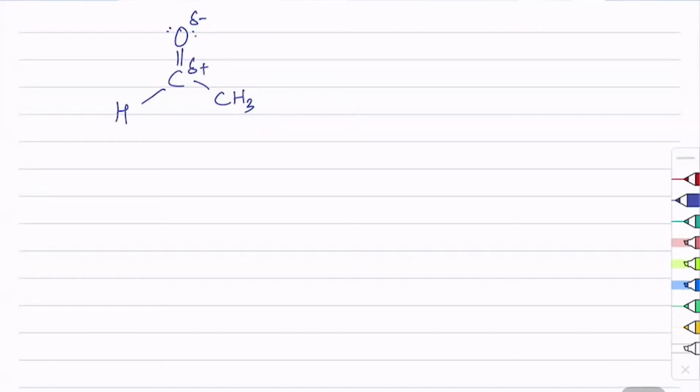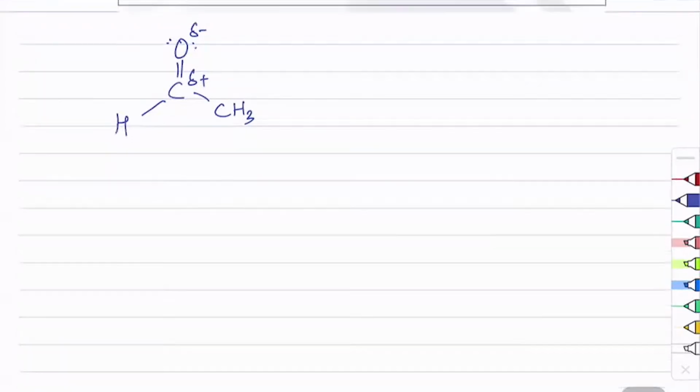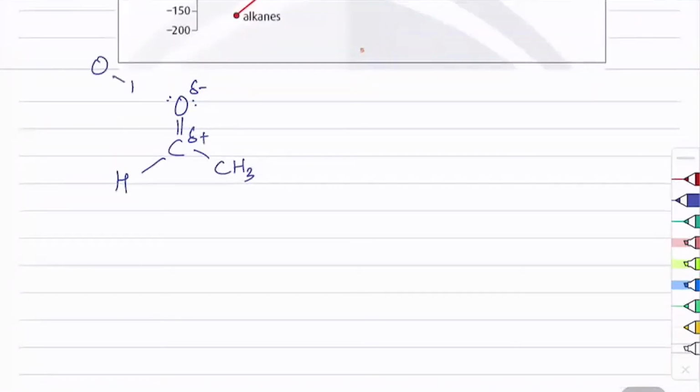While hydrogen and oxygen are not in a permanent dipole here, if water comes here, then the slight negative and slight positive dipoles in the water molecule can be attracted by the lone pair here. So a hydrogen bond can form here. So this is the hydrogen bond.